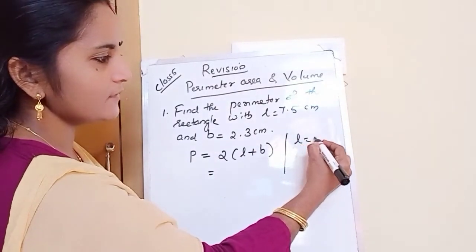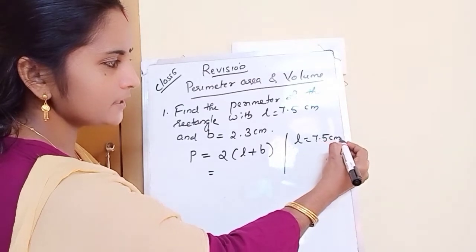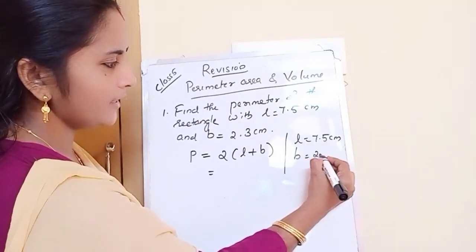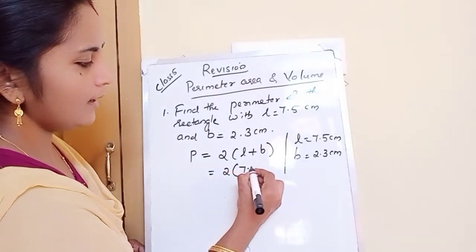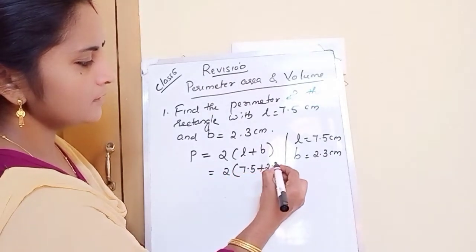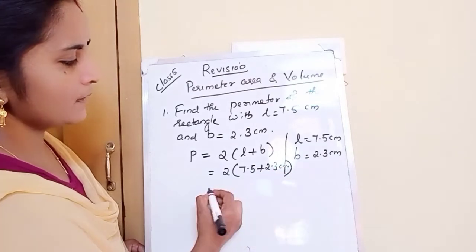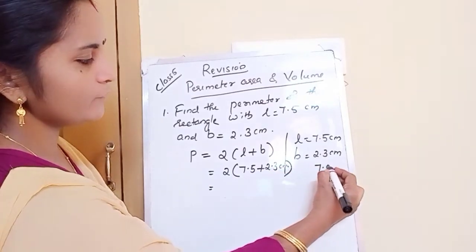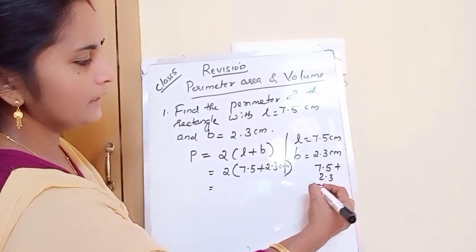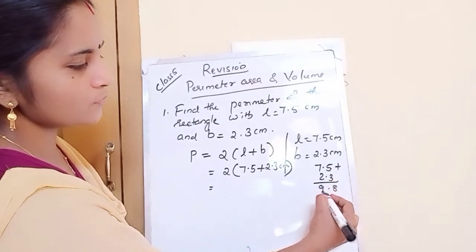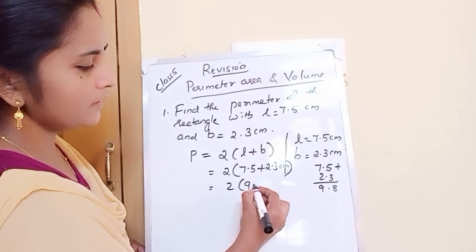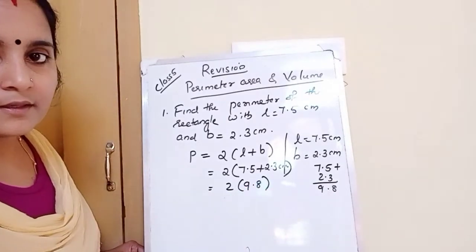Here length is given as 7.5 centimeter and breadth is given as 2.3 centimeter. So 2 into (length plus breadth). So 7.5 plus 2.3: 5 plus 3 is 8, 7 plus 2 is 9. So inside the bracket we have 9.8.